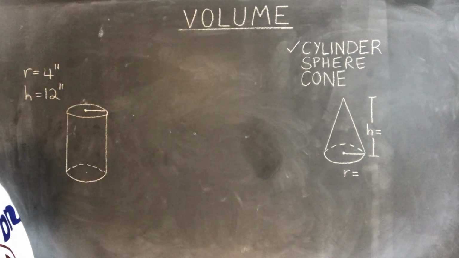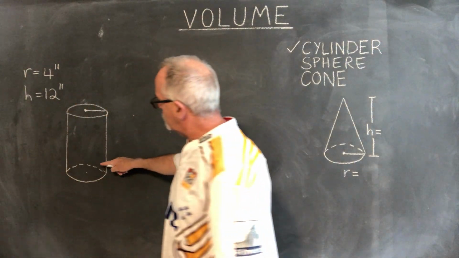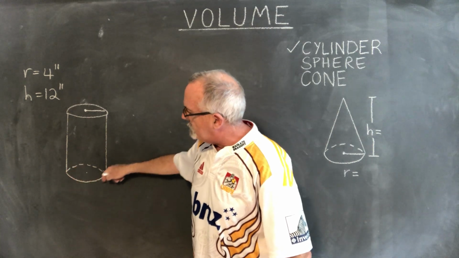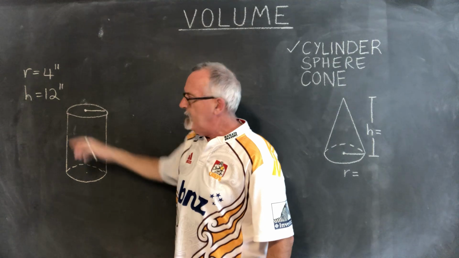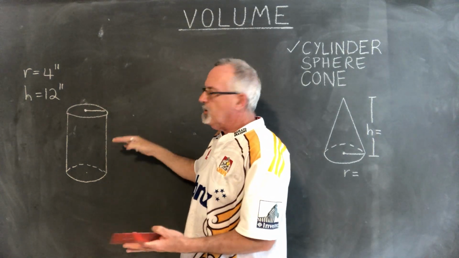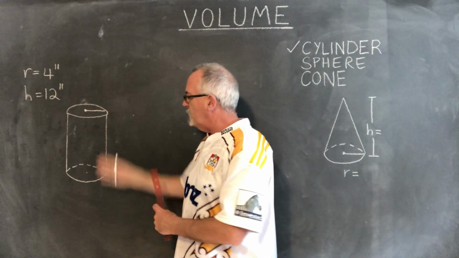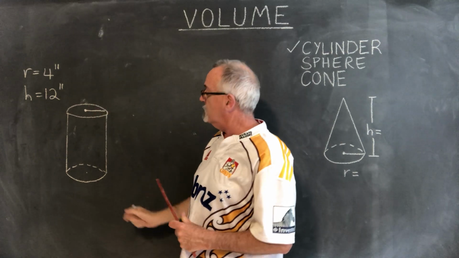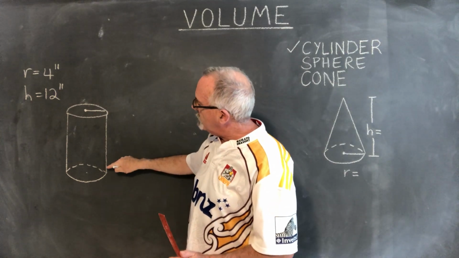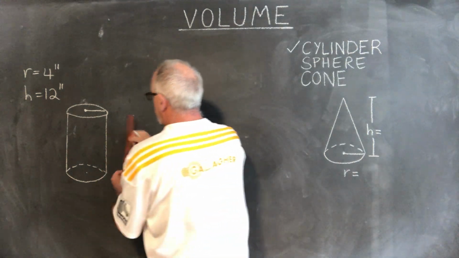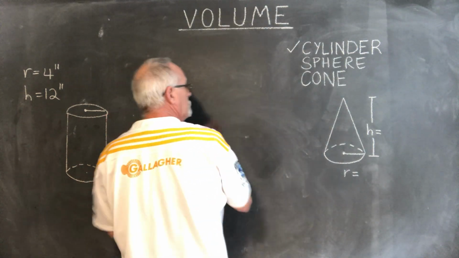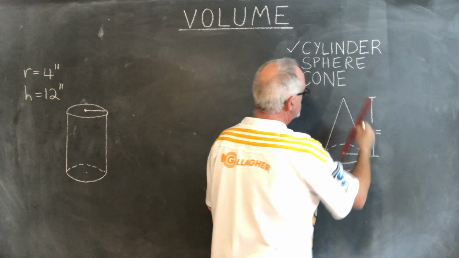So the thing that makes this cylinder look larger is the fact that we see this sort of rounded part on the bottom, but we also see the rounded part on the top. But we're looking at the three-dimensional figure expressed with a drawing on a two-dimensional surface, and we can realize, okay, we kind of have to ignore some of that bulge at the top and the bottom. And yes, that is the full 12 inches, and so is this.